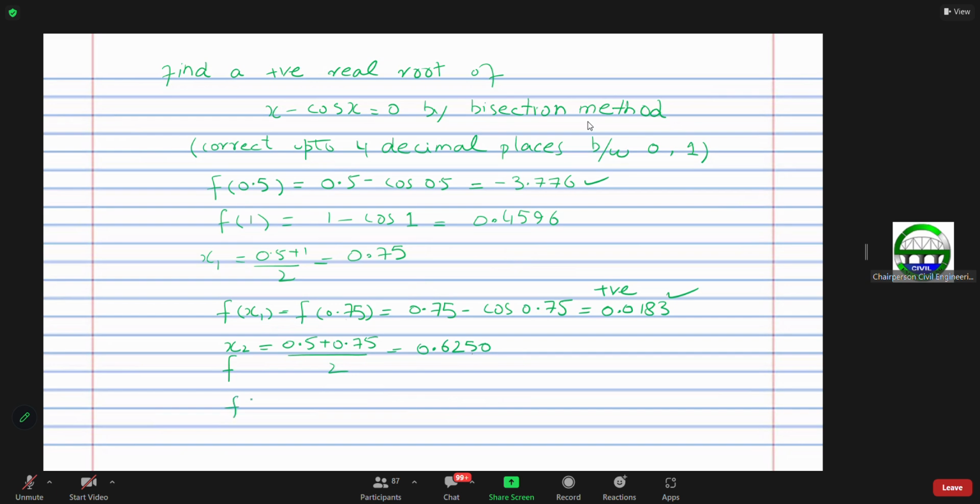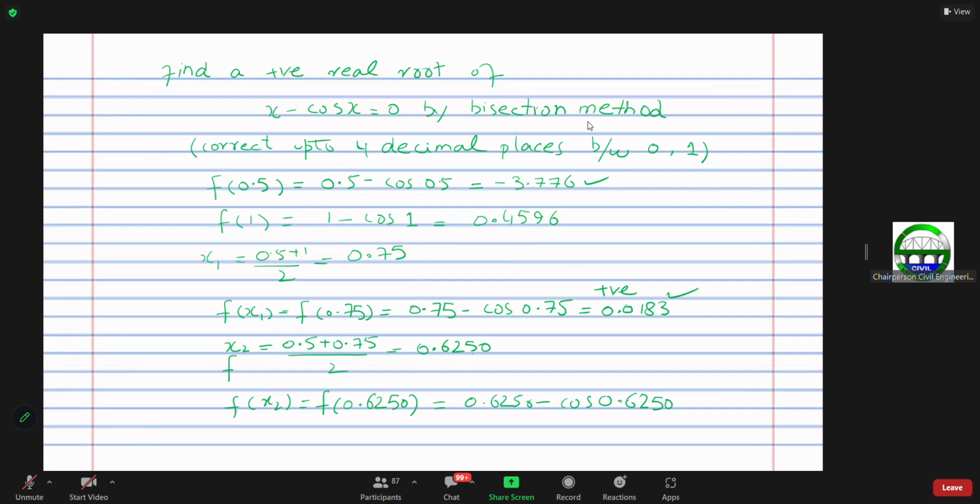So f of x2 is equal to f of 0.6250, which is 0.6250 minus cos of 0.6250.